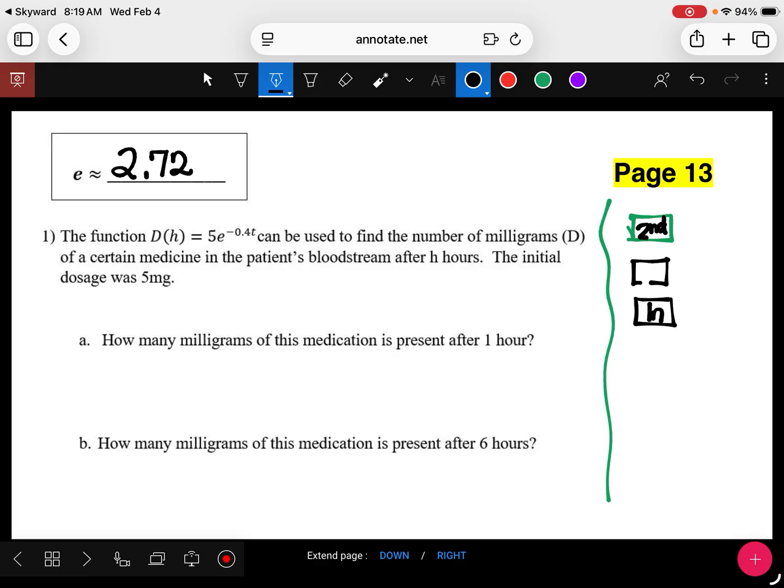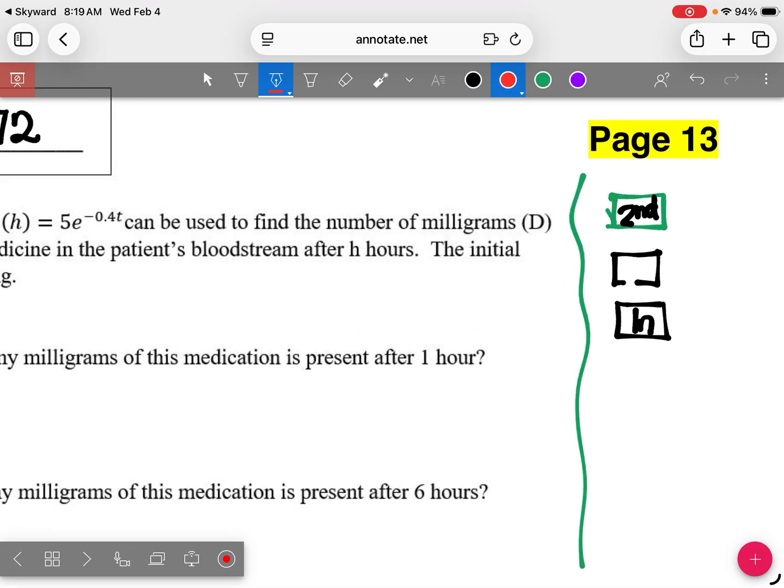It says LN. Right above that key, you should see E to the power of X. So in order to get E, you have to hit, I want everybody to do this, hit the green key, hit this key, and then I want you to hit this key. And then just type in the number 1 for an exponent and hit enter.